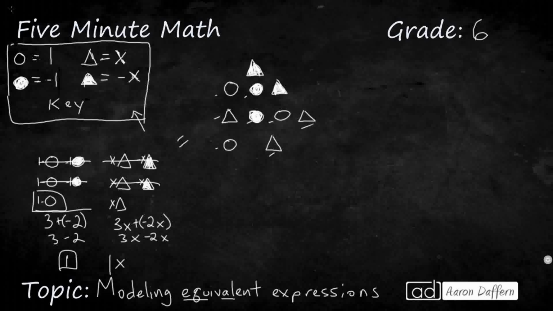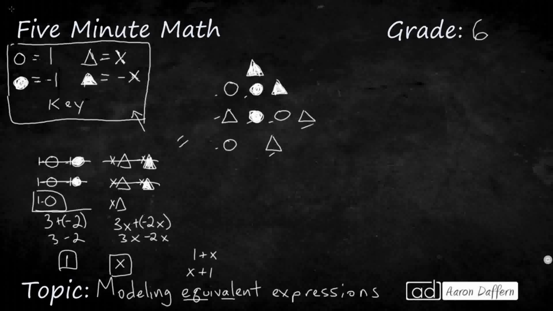I have an x and a 1. So if I wanted to write this with symbols, I could either do a 1 plus x. Usually when we write it, we always put the variable or the unknown first. So I'd probably write this as an x plus 1. Either one works.